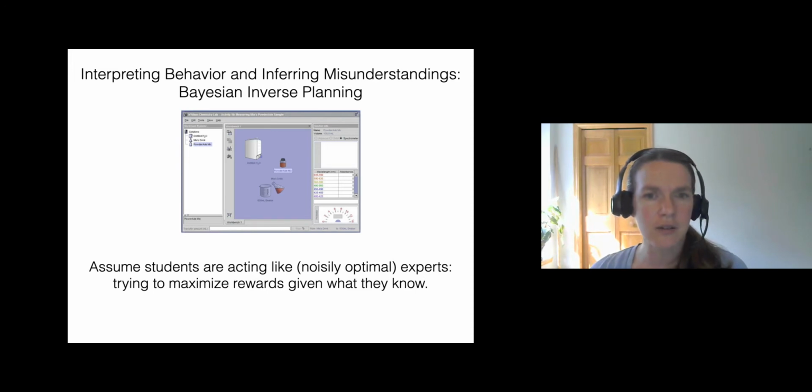We might also have some knowledge of the reward function already based on the task specifications, but there might be ways that reward function is unspecified, that we may not know about a particular student, how much she values particular things, and again we'll try to infer that from the data using methods like inverse reinforcement learning.